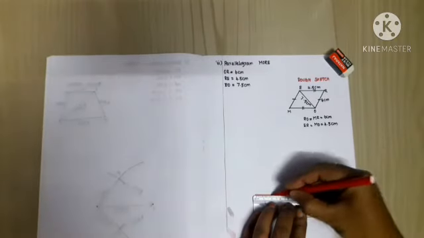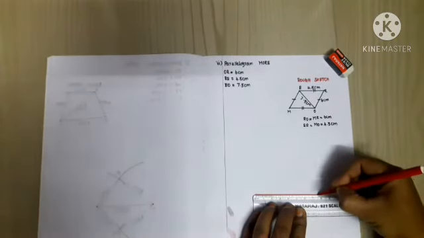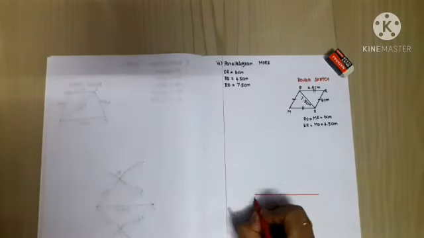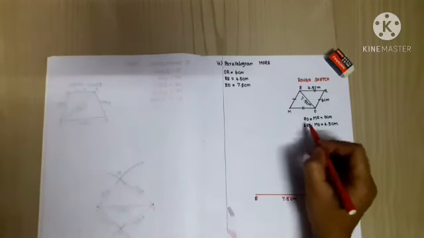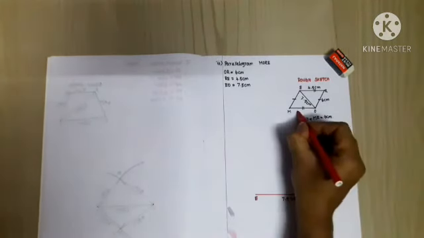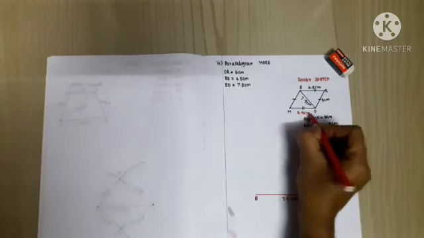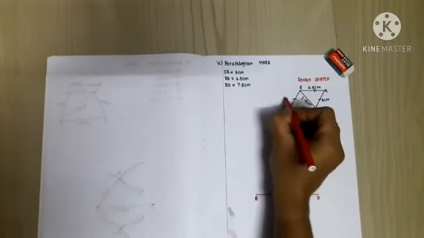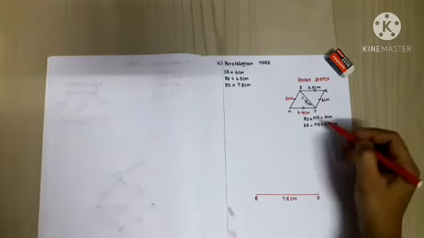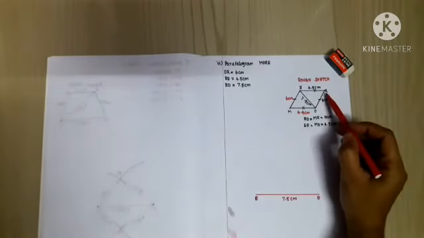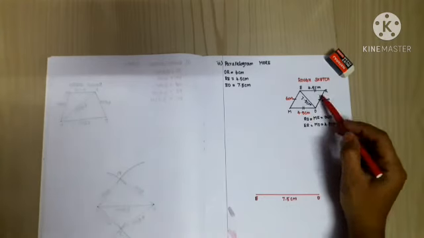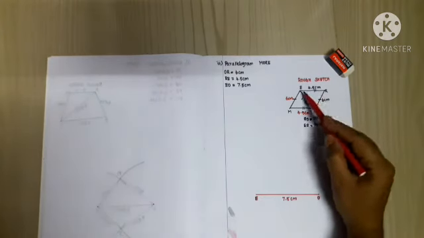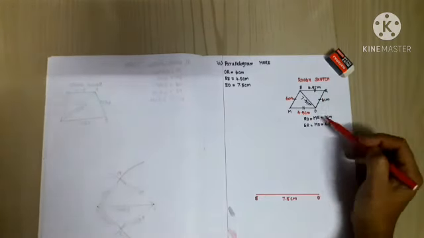Draw the line segment of 7.5 centimeter and mark that as E and O. Now we know MO is equal to 4.5 centimeter and ME is equal to 6 centimeter. By using that I can draw the top triangle as well as the bottom triangle. First I draw the top triangle by using ER and RO as the sides.